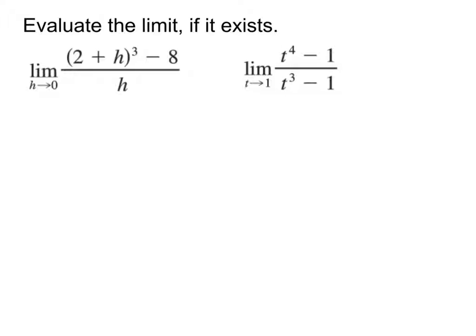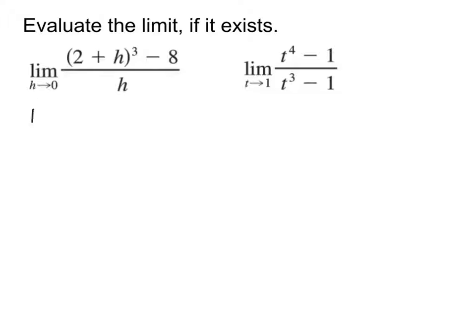So, if I'm going to then do these limits, first of all notice that I cannot just use direct substitution. If I tried plugging 0 in for h here, I'd be dividing by 0. On the other one, if I tried plugging 1 in for t here, I'd be dividing by 0. So that's why I have to change the form of each of these expressions in order to find those limits. And so, let's go ahead and change those forms. That means simplifying them.